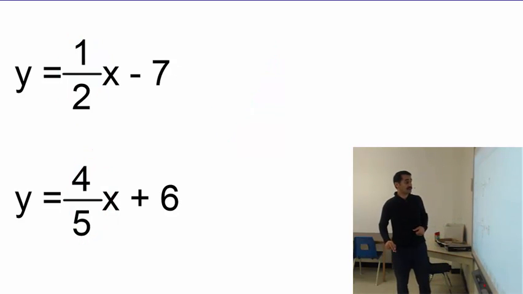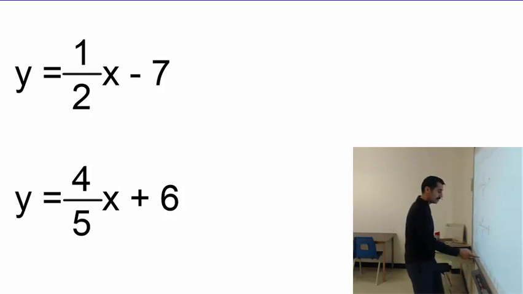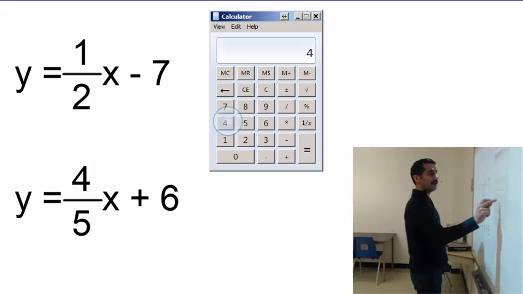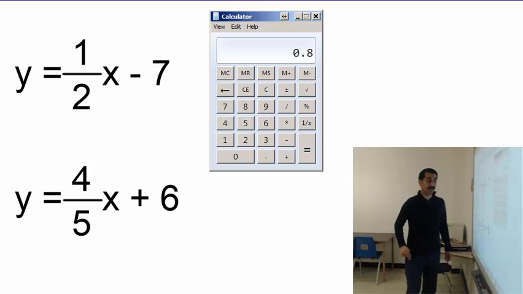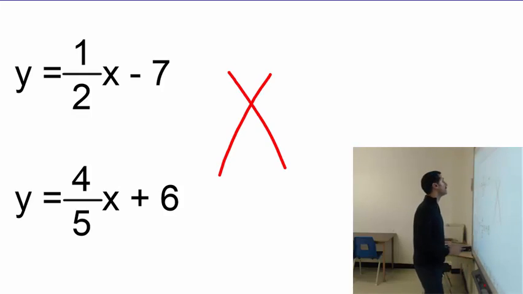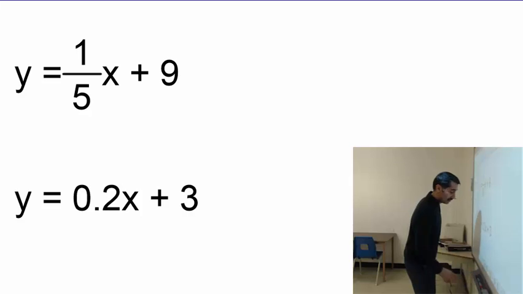Over here, 1/2, 4/5, could be. Let's calculate. 1/2 is 0.5, 4/5 is 0.8. No, these are not parallel lines. Next, 1/5, 0.2, possible.